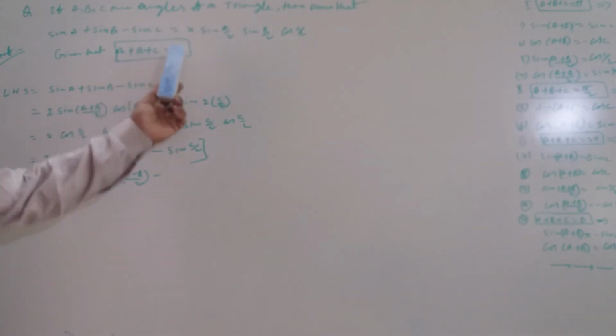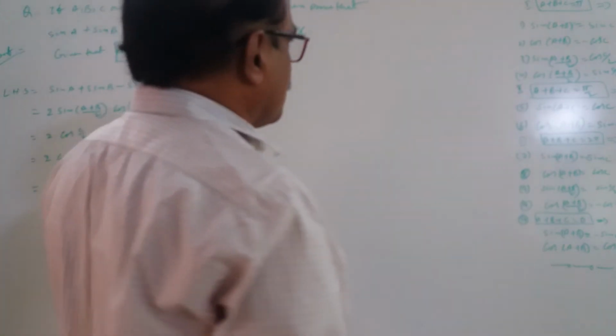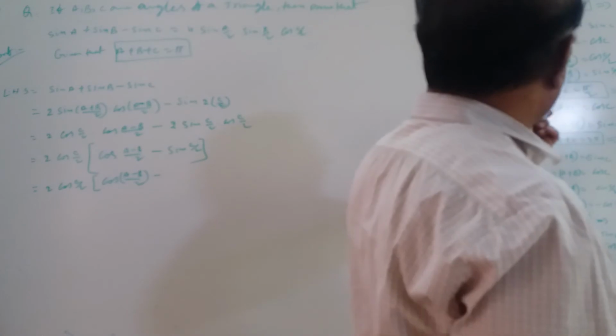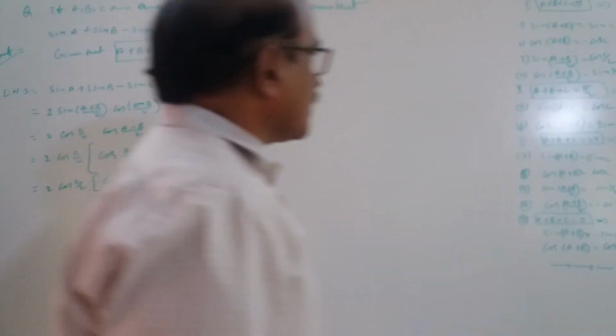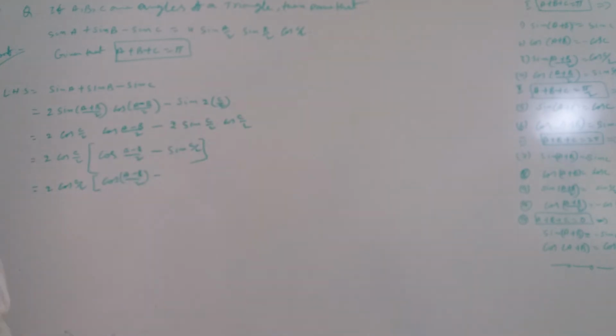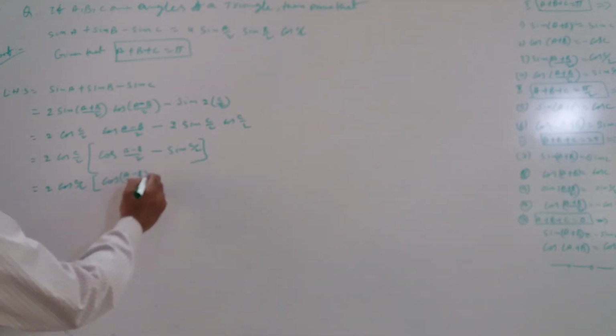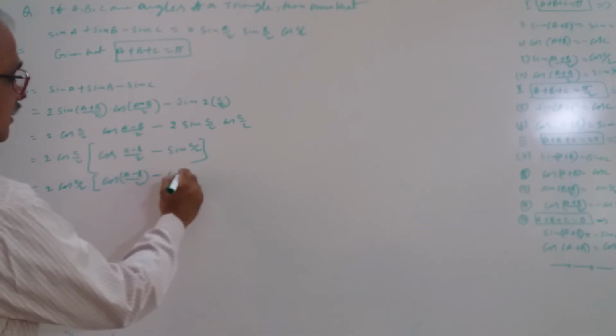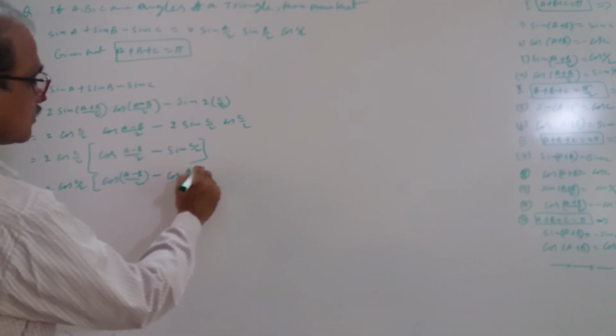If A plus B plus C is equal to pi, sin C by 2 is equal to cos (A plus B) by 2. Instead of sin C by 2, we can write cos (A plus B) by 2, with the minus remaining.